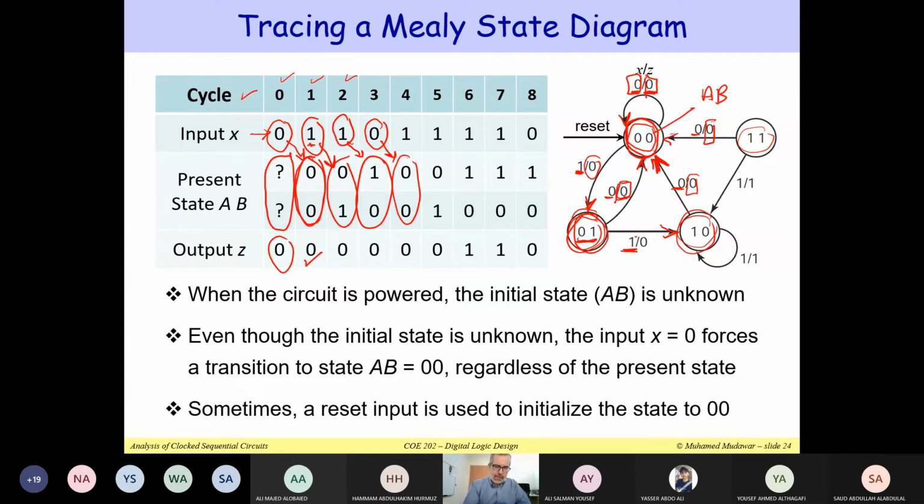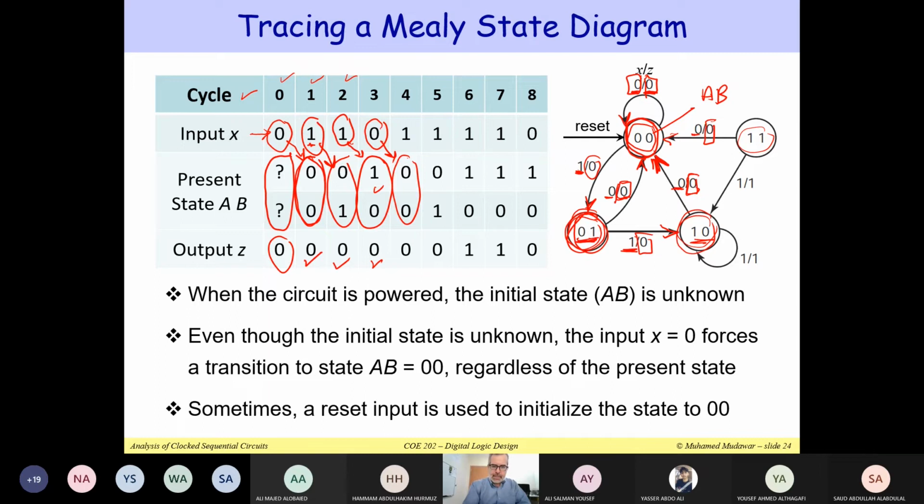You can see the output here is 0. If you are in state 0, 1, you are here, and the input x is equal to 1, then the output is also 0. You can see the output equal to 0, and so on. If you are in state 1, 0, and the input x is equal to 0, the output is also 0. So you can see the output equal to 0.